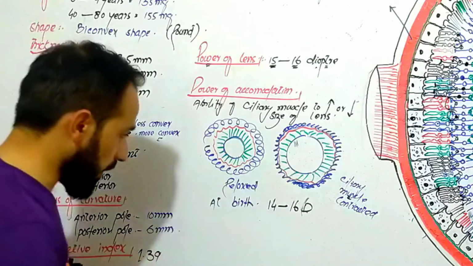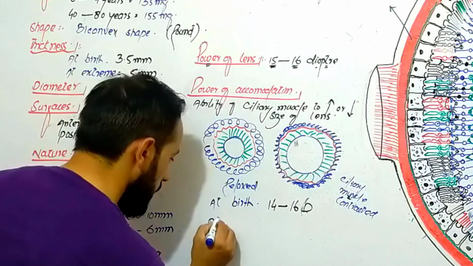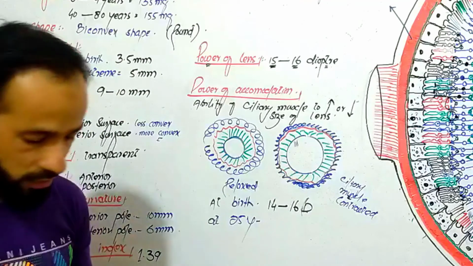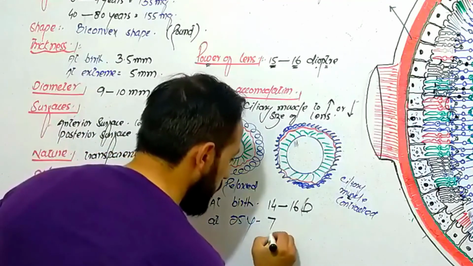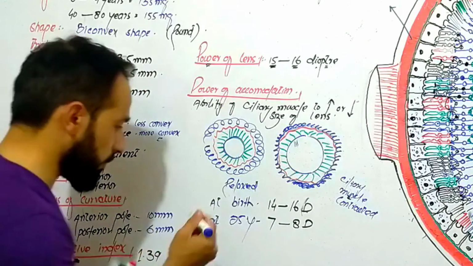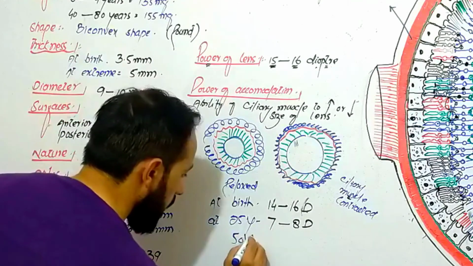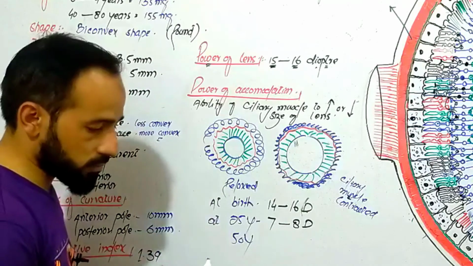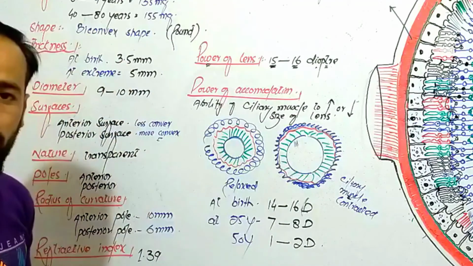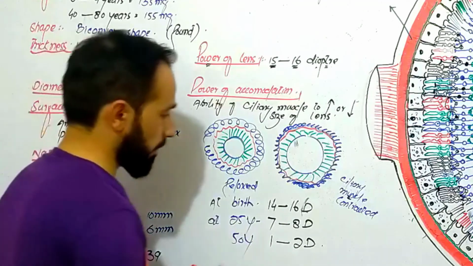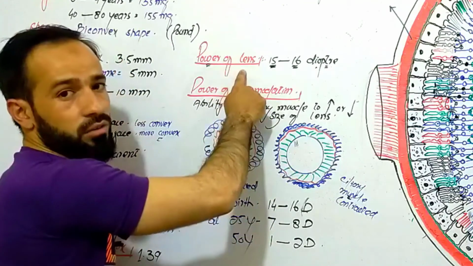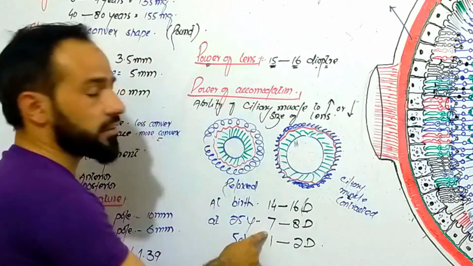And at 25 years, the power of accommodation is 7 to 8 diopters. And at the age of 50 years, its power of accommodation is from 1 to 2 diopters, right?